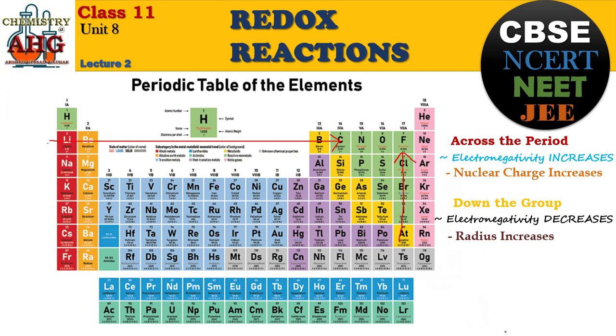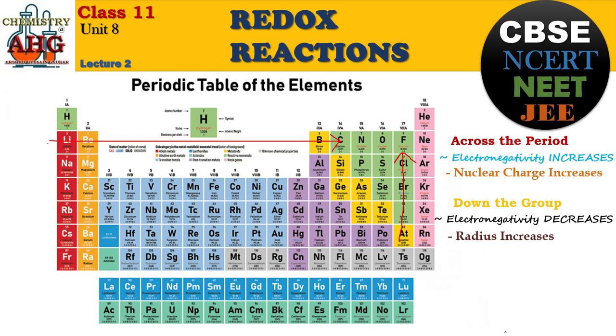So this is simple information that you can imagine and remember easily: across the period electronegativity increases because nuclear charge increases. Up the group electronegativity increases. Up the group I am talking about. Up the group, when you are moving, electronegativity increases. Why? Because radius decreases.